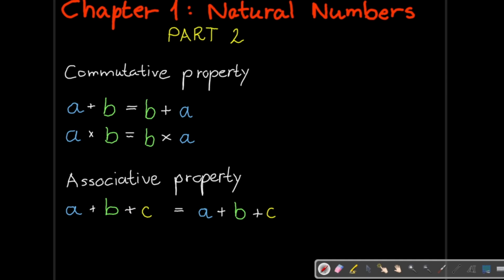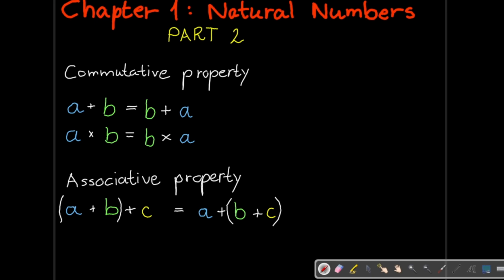What this property says is that we can first add A and B together and then add C, or we can first add the B and C together and then add A. So these brackets tell us what we do first.